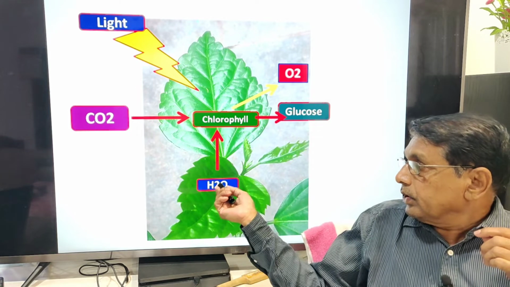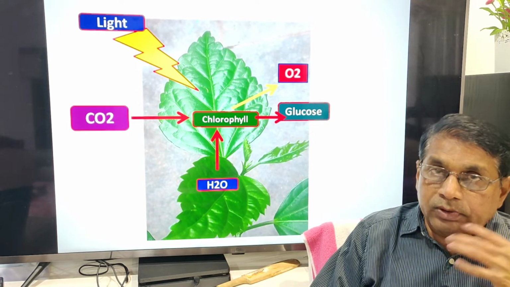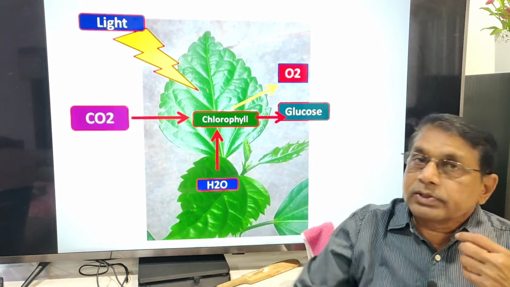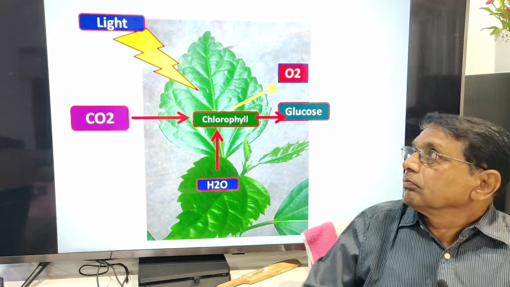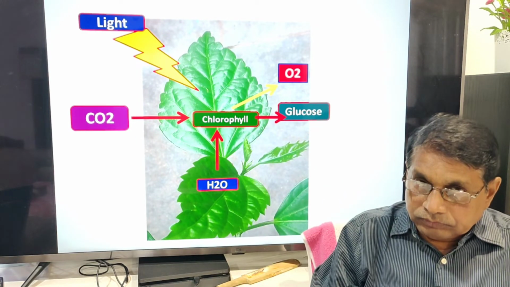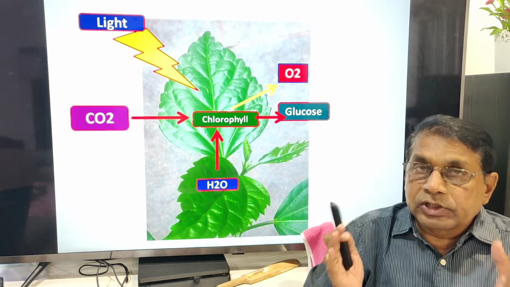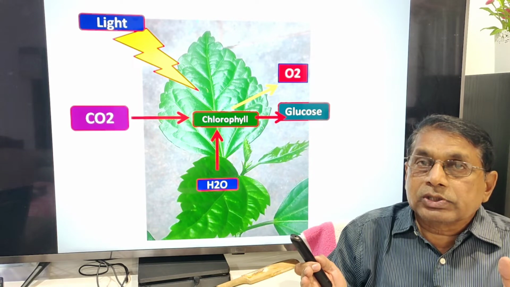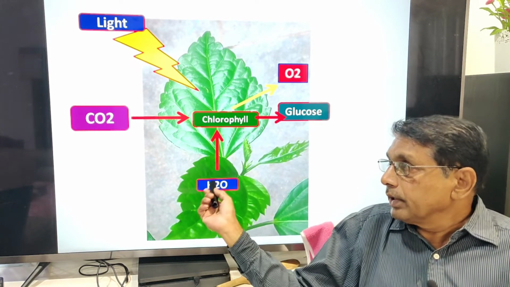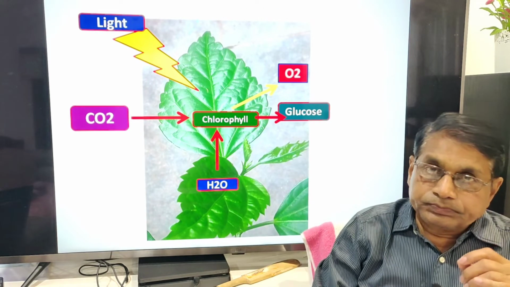But it requires water absorbed from the soil. It requires carbon dioxide. It requires light. So the essential requirements for photosynthesis are chlorophyll, water, carbon dioxide, light.